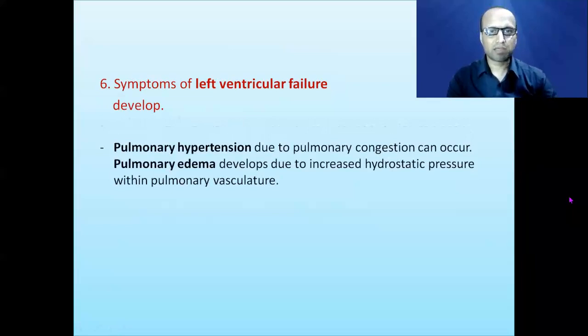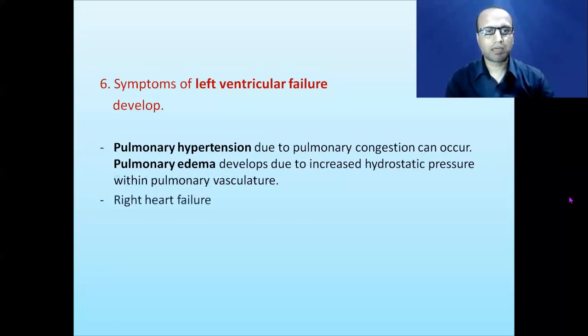Pulmonary hypertension can occur because blood from the lungs cannot drain into the left atrium, because the left atrium is already full of blood. So because of pulmonary hypertension, there is increased hydrostatic pressure in the pulmonary vasculature, and fluid extravasates from within the blood vessels into the interstitial tissue. So there will be pulmonary edema.